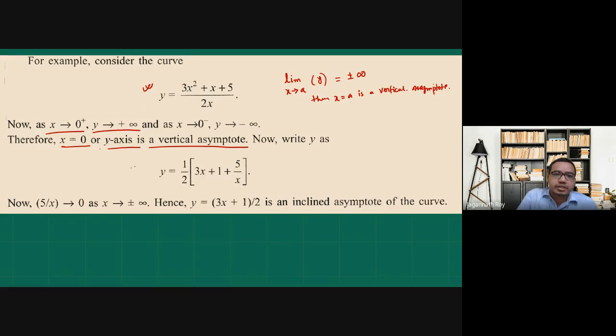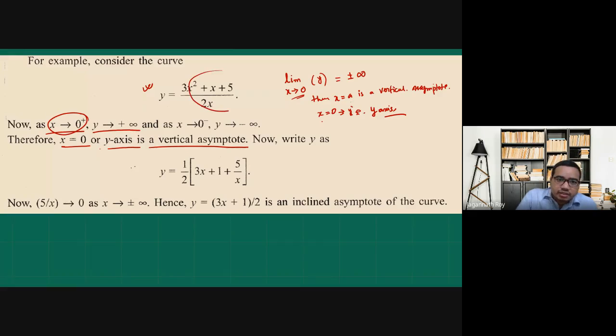So here we can see that if we allow x goes to 0, then this function y is actually tending to plus minus infinity. So here a is 0, so x equals 0, that means the y-axis, is the vertical asymptote.